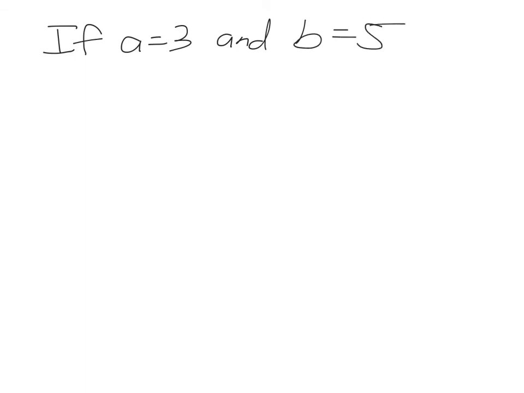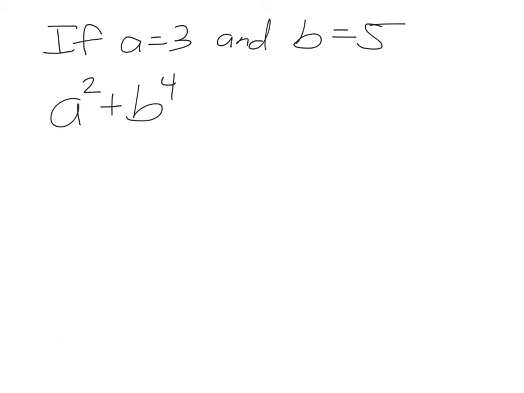Now, the next thing I want to look at is evaluating expressions. So if I said to you, if A equals 3 and B equals 5, what is A squared plus B to the fourth?